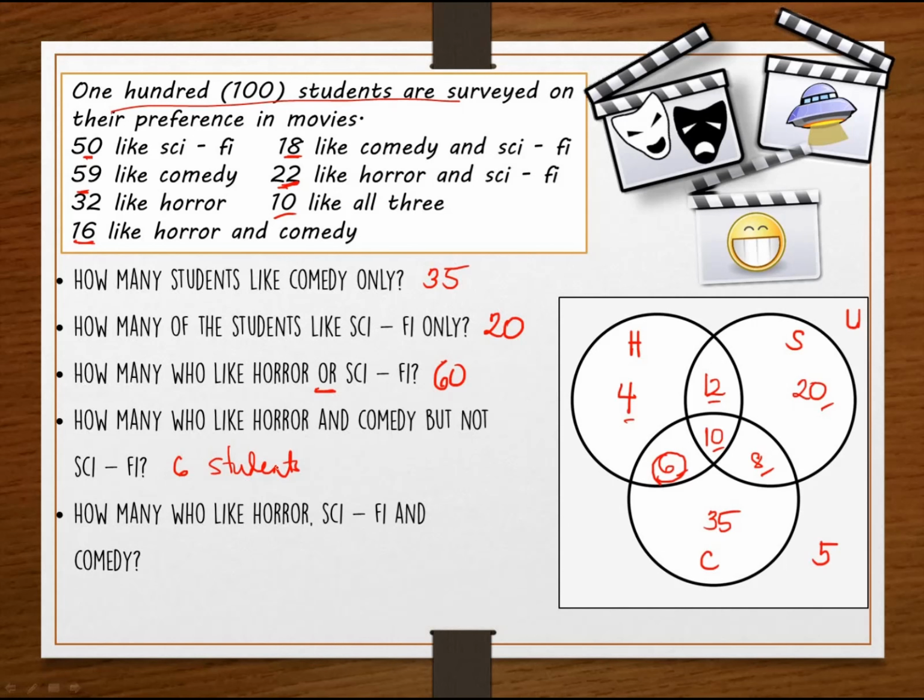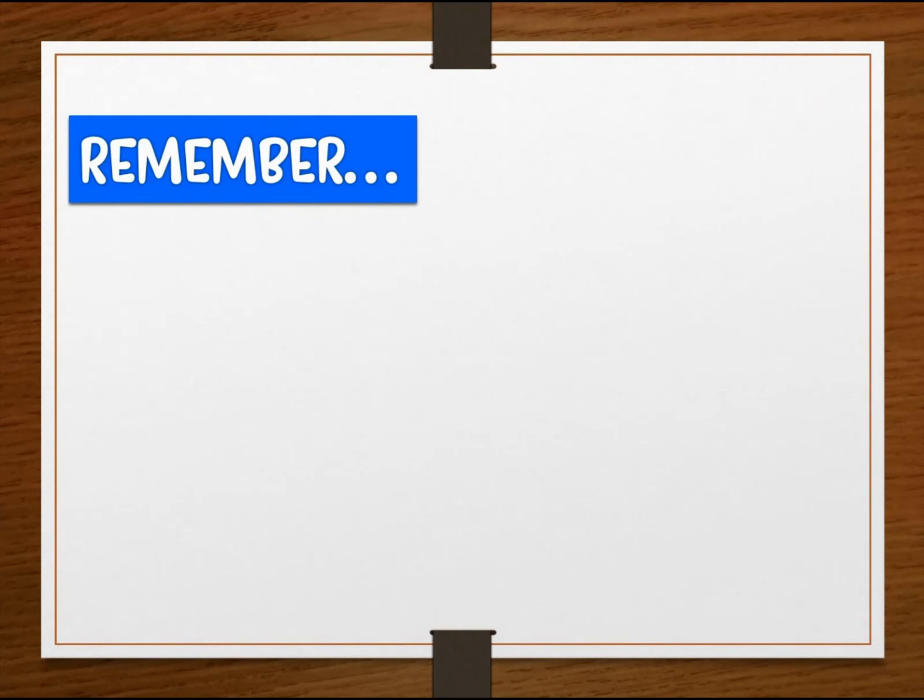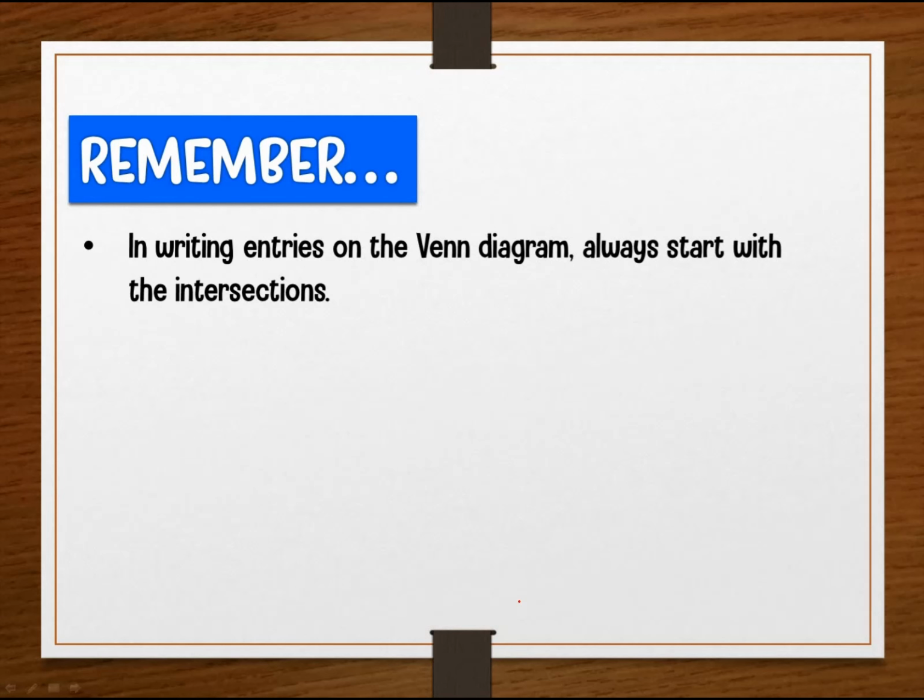How many like horror, sci-fi, and comedy? The middlemost portion, so there are 10 students. How many do not like any of these 3 types of movies? There are 5 students.